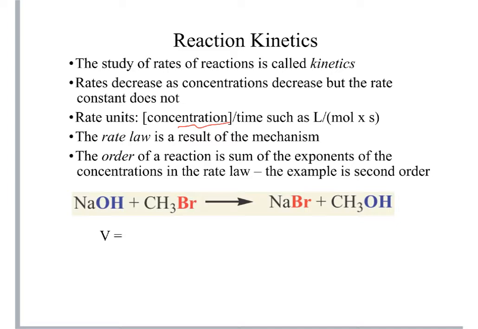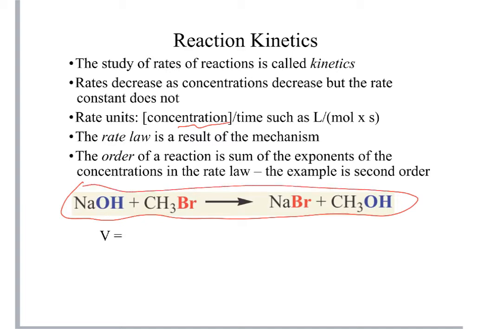So the order of a reaction is the sum of the exponents of the concentrations of the species participating in the rate determining step. For reactions such as this one, for example, where we are replacing the leaving group bromide with a nucleophilic hydroxide, we can write down the expression for the rate law.